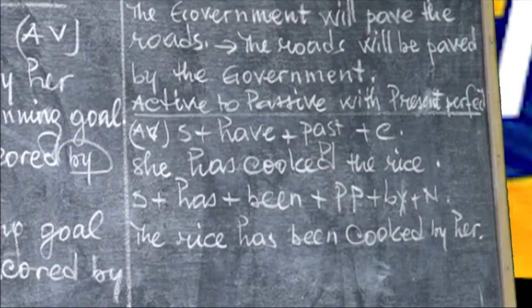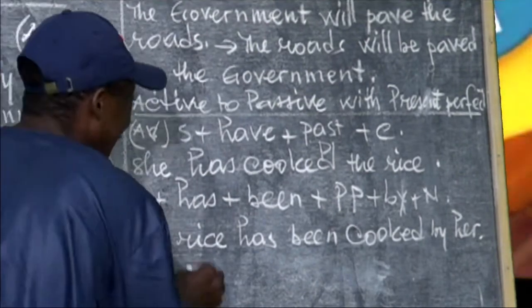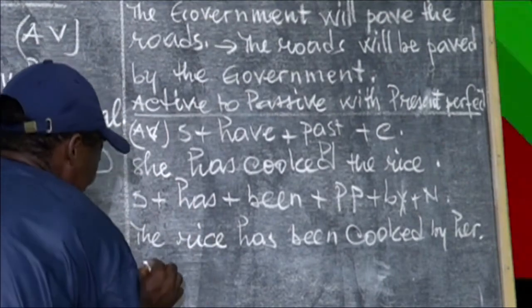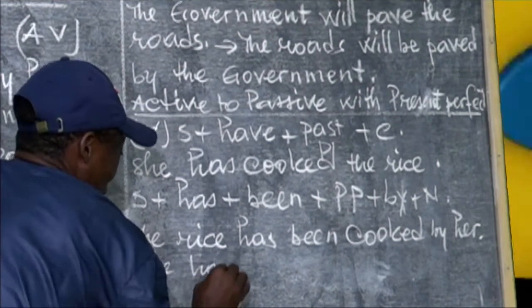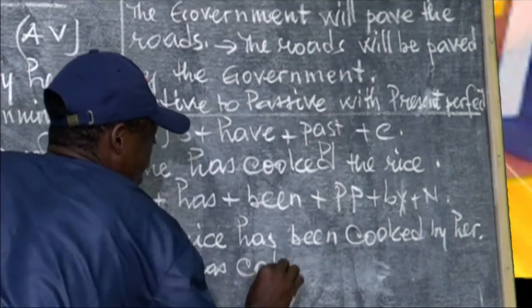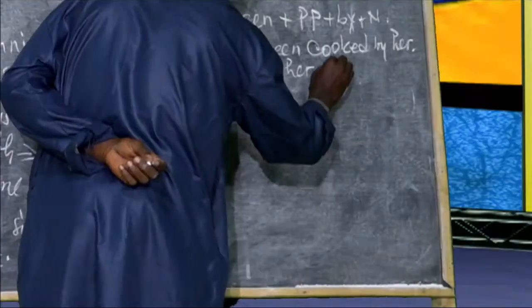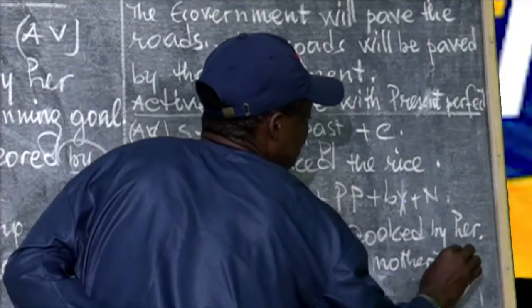The rice has been cooked by her. Okay. She has called her mother. Yes. She has called her mother. Very good. Okay, passive voice.